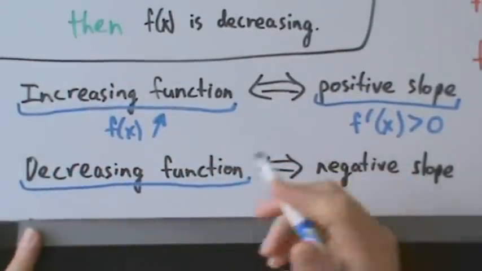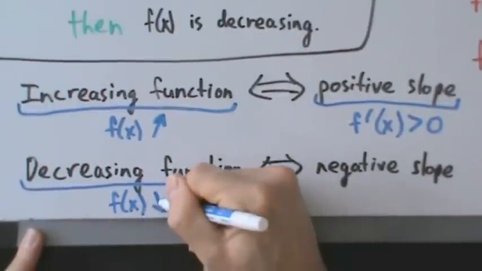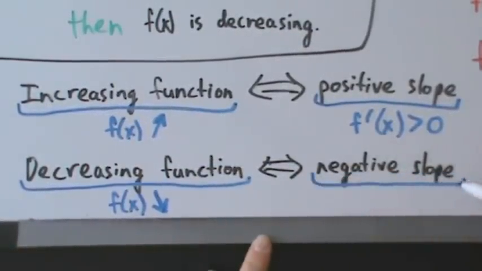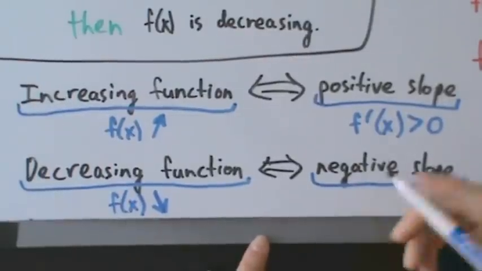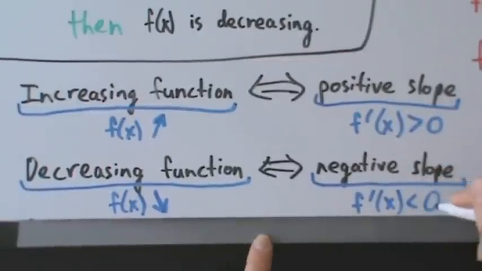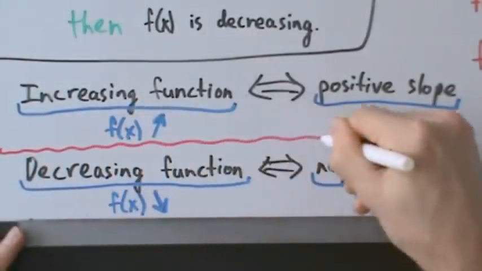Decreasing function, in shorthand notation, is f of x with a down arrow. F of x is decreasing. And negative slope means f prime of x is less than 0. So this is what we have going on here.